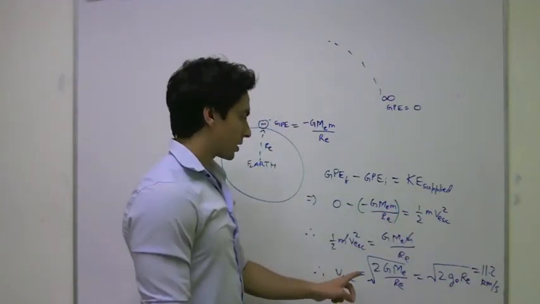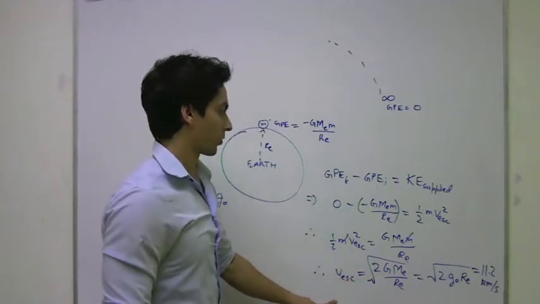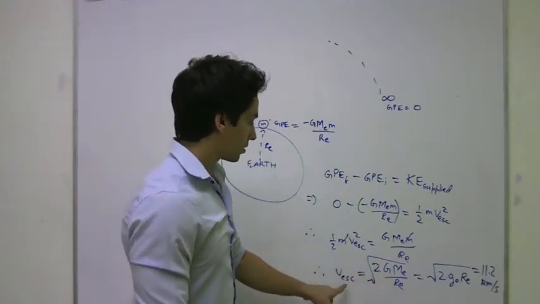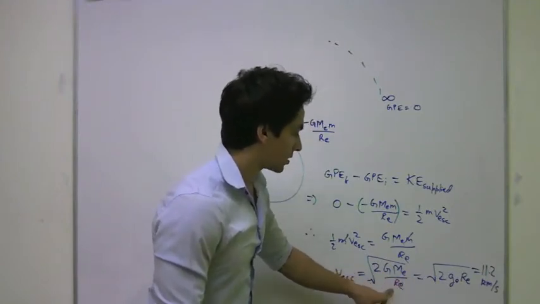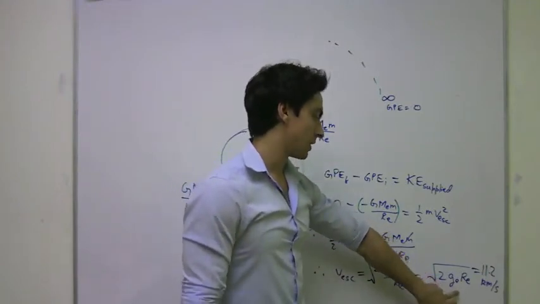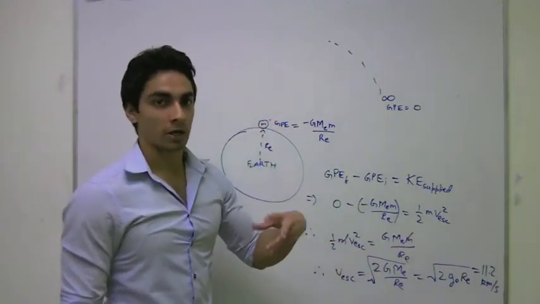Also, in an exam situation, the students might be asked whether the escape velocity depends on the mass of the Earth, radius of the Earth, or gravitational field strength, and certain combinations of those.